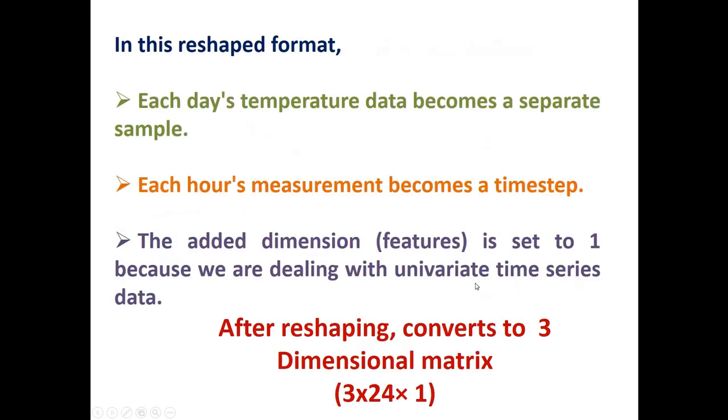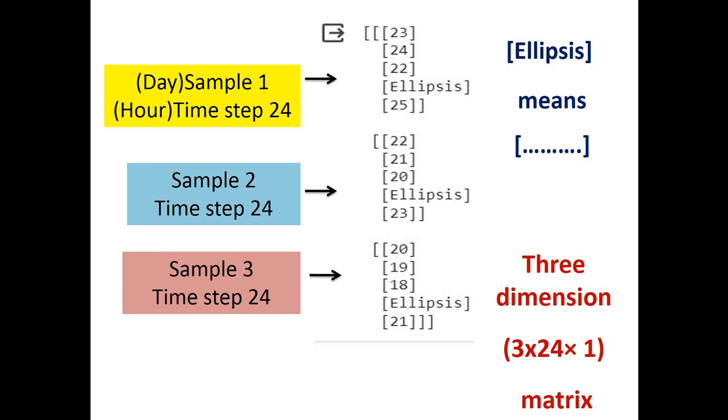This is the matrix. Each day's temperature data becomes a separate sample, and each hour's measurement becomes a separate time step. After reshaping, it converts the 2-dimensional array into a 3-dimensional array, and this is how it is done.